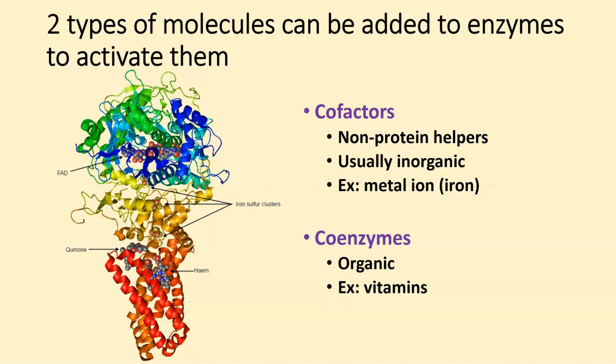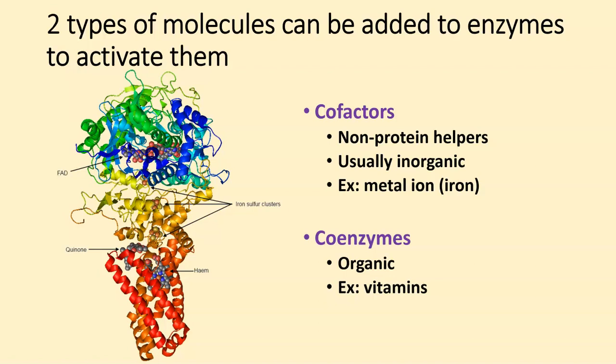The ones that show the molecules, those are carbons, the gray molecules. So quinone and FAD are the coenzymes for hemoglobin. You won't have to memorize that as an example, but definitely make sure you understand that there's two different kinds of molecules that can be added to the enzymes and how they differ, but they both serve the same function: to activate enzymes.